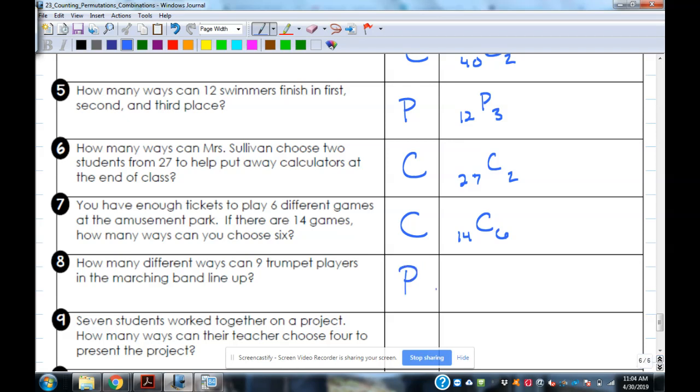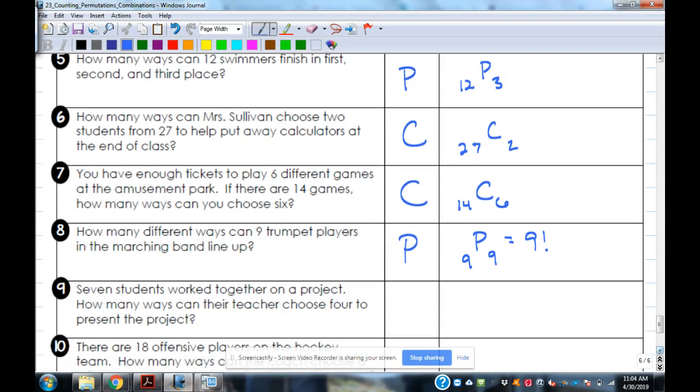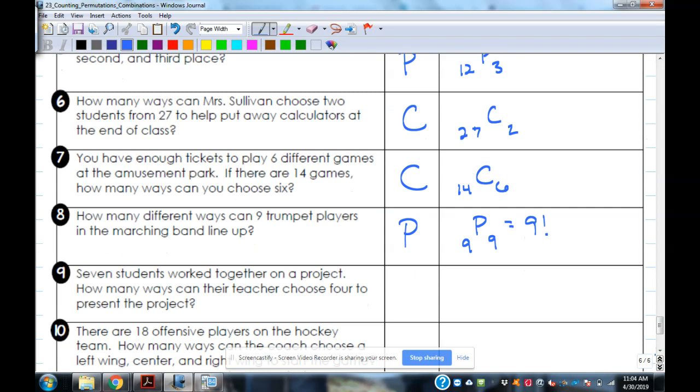Permutation. We know that's 9 factorial. That's the shortcut to that. Get that number later. Number 9, 7 students work together on a project. How many ways can their teacher choose 4 to present the project? Combination, 7, combination 4.